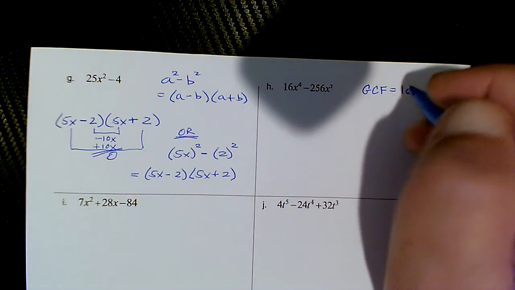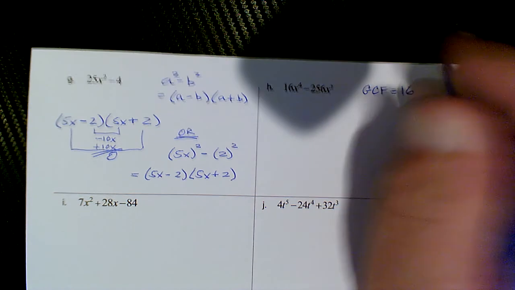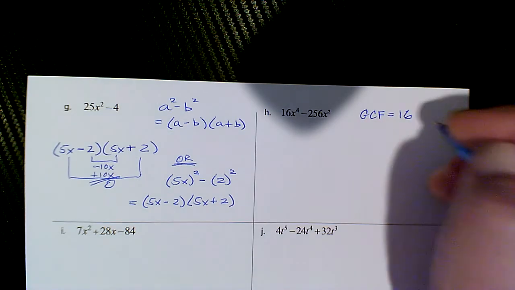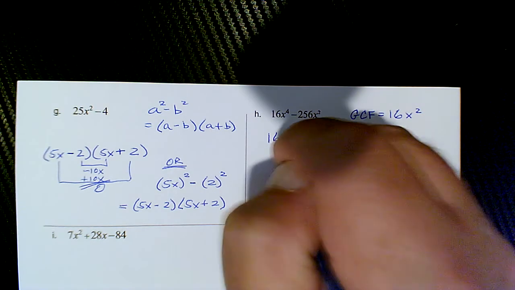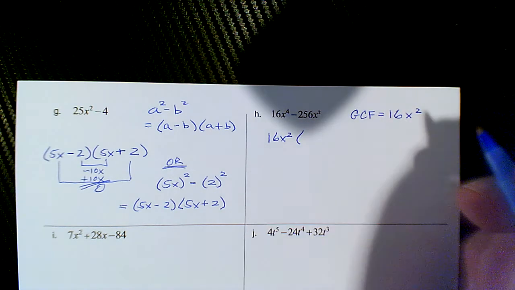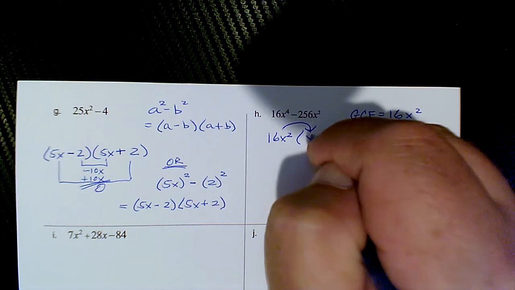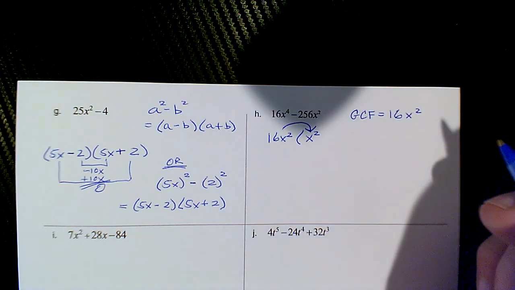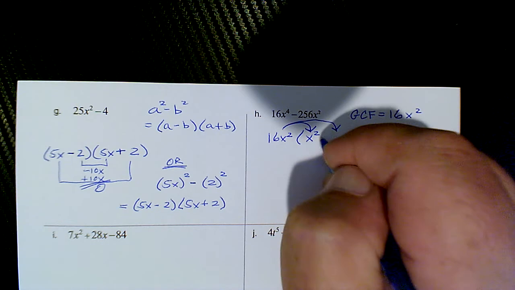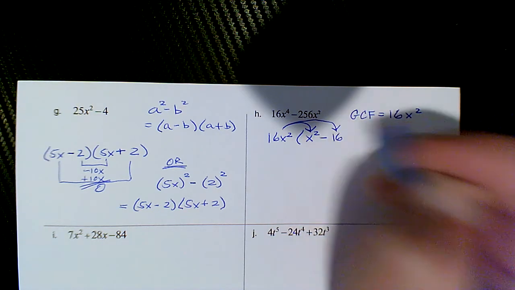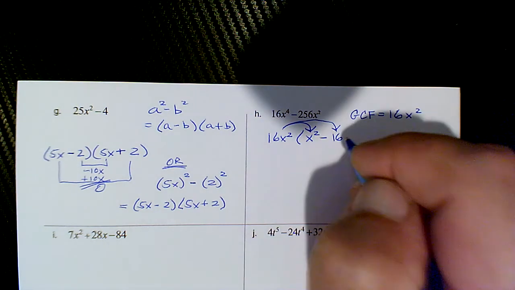So 16 is common, and between the variables, we would factor out the x squared, smallest power, remember. Okay, so we're going to reverse the distributive property, write down the greatest common factor, 16x squared, to get the first term. We're just missing two factors of x, so x squared, to get the second term. As we did on our calculator, 16 times 16 is 256, and we don't need the x squared, it's already factored.